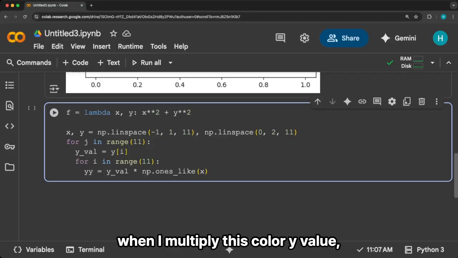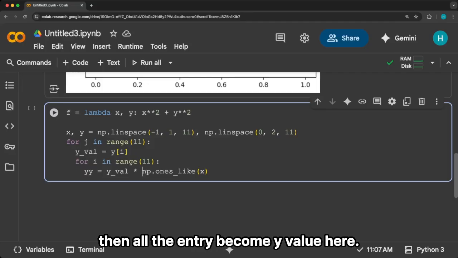When I multiply by the scalar y value, all the entries become the y value. So that's yy.